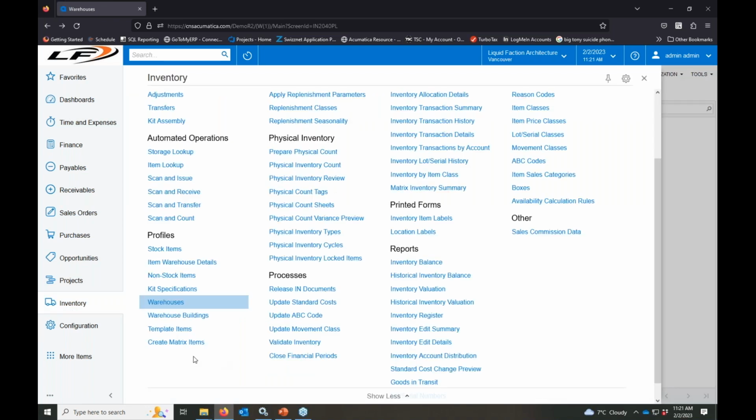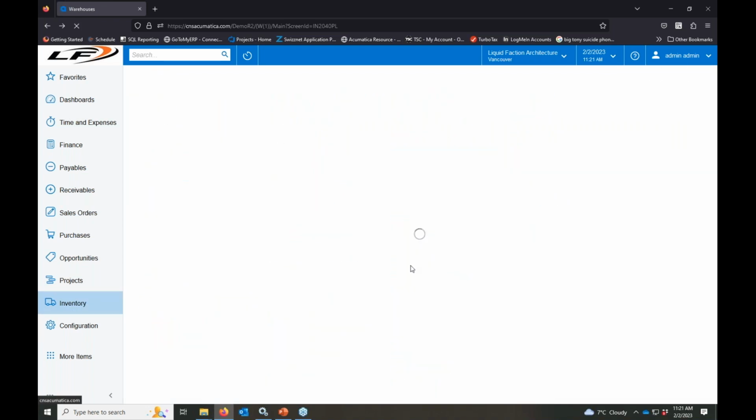So if we head back into inventory, here we can look at stock items. So similar screens, let this load.